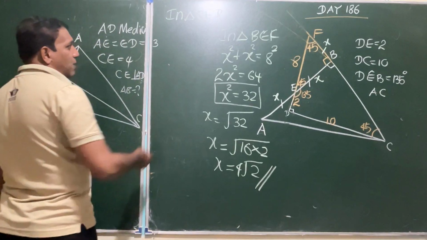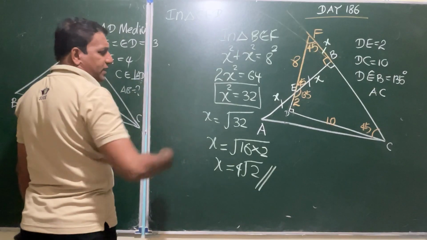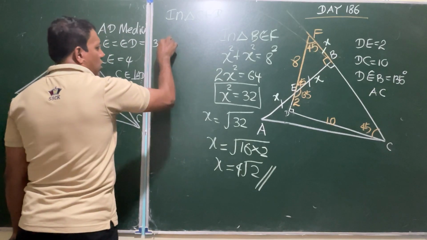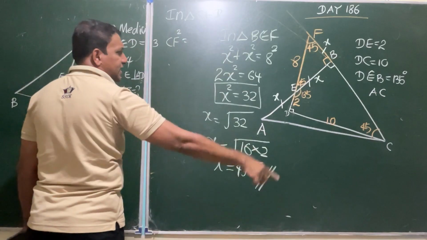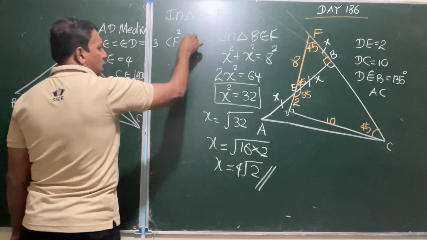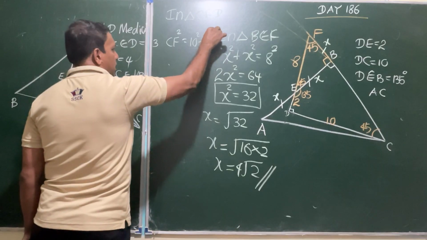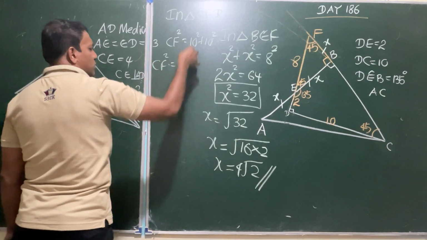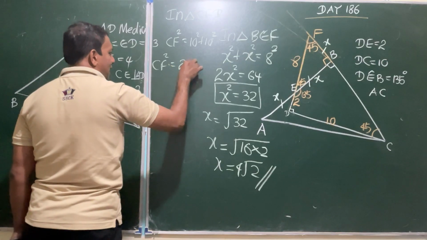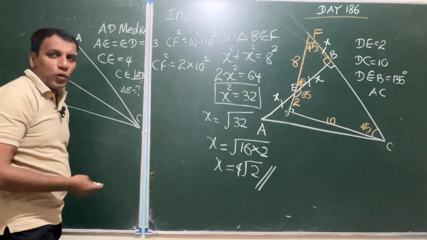Okay, next, take this triangle CFD and write the Pythagoras for CFD. What is CF squared? 10 squared plus 10 squared, okay. So CF squared, I don't say 200, I say 2 times 10 squared.